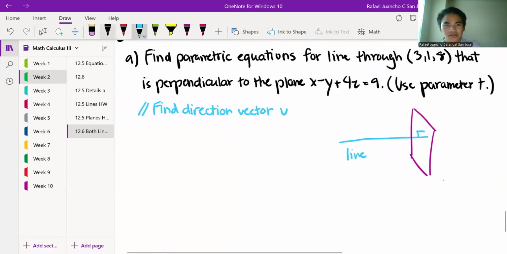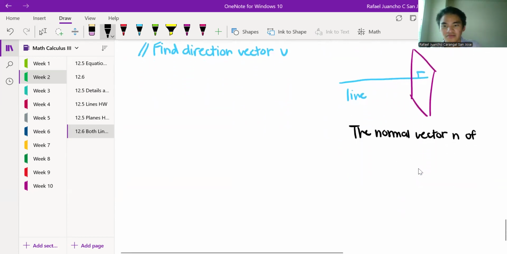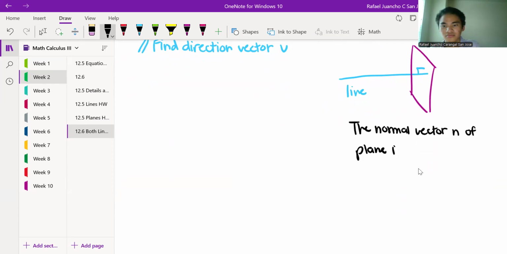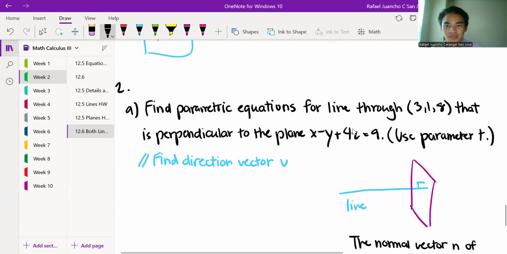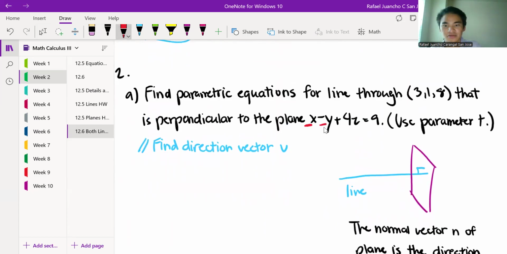What we're saying is the normal vector n of the plane is the direction vector of the line. So we just got these numbers here. So our vector v is (1, -1, 4). Done.